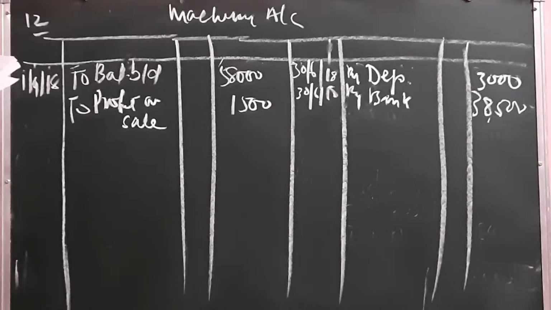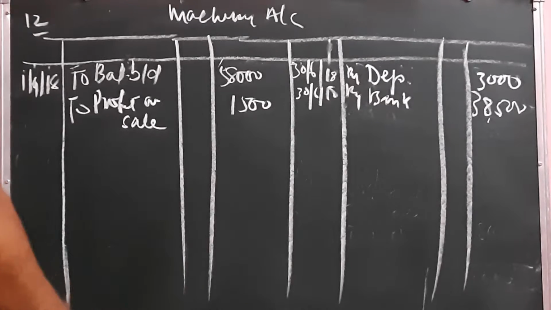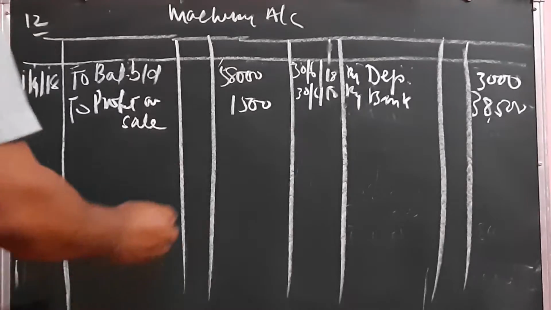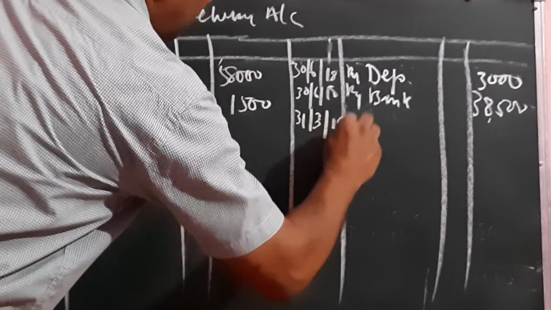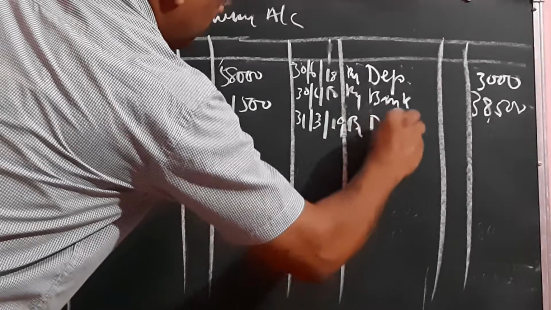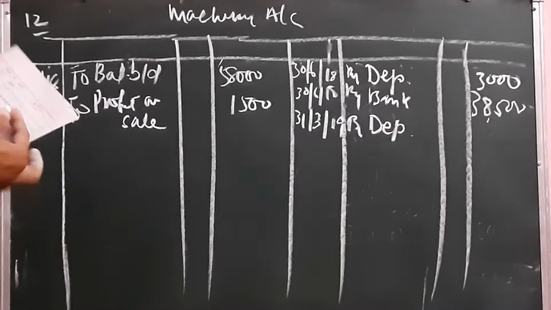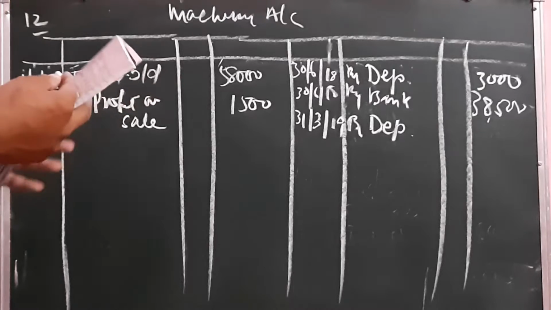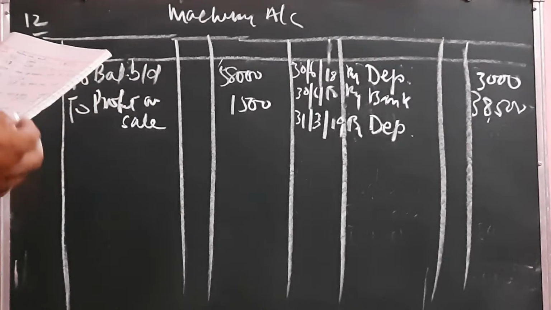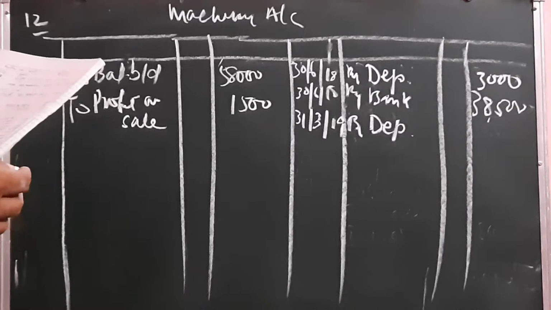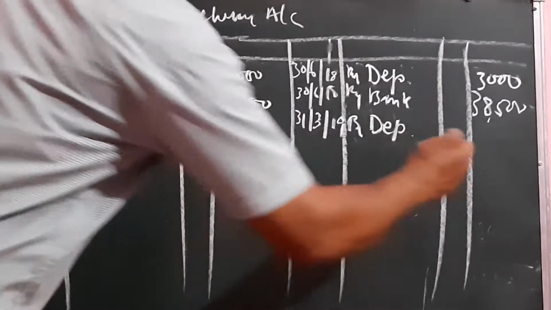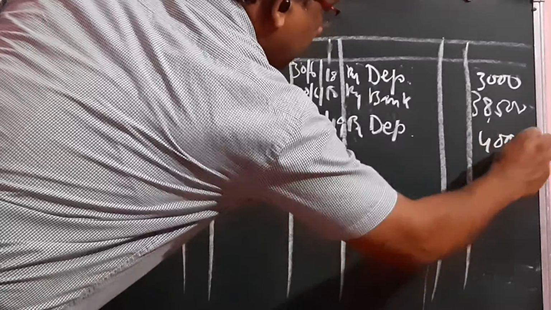Now coming to the last one, on 31st March 2019. Again the depreciation charge for the year: the first machine was sold, one machine is left, whose cost is 20,000. So depreciation of 20,000 is 4,000. So the depreciation of the one remaining machine is 4,000.